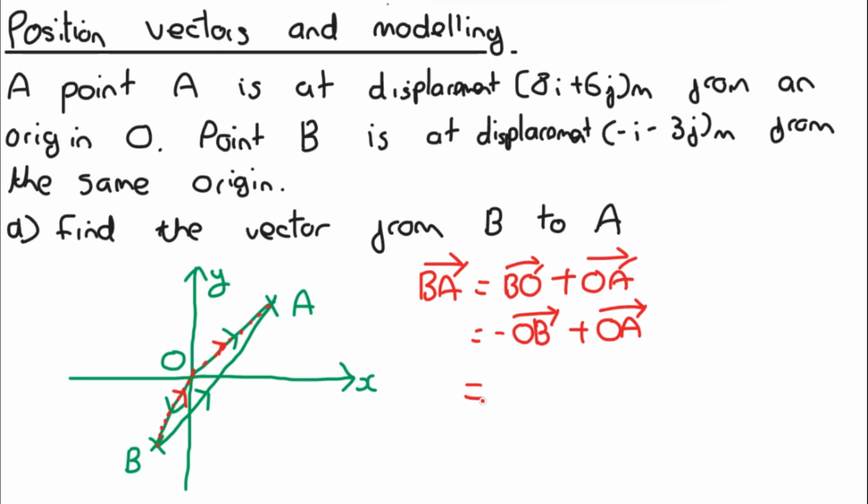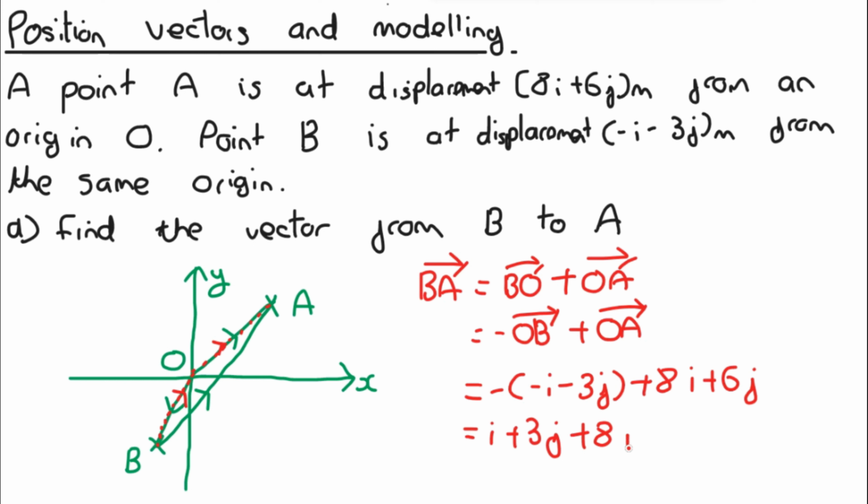So it's going to be minus of this: minus (minus i minus 3j), and then plus 8i plus 6j. Expand to do i plus 3j plus 8i plus 6j. Please remember to put a bracket around so you do minus the whole thing. And this is equal to 9i plus 9j, and then meters if we need to be more specific, as it's in meters. And that is the final answer.